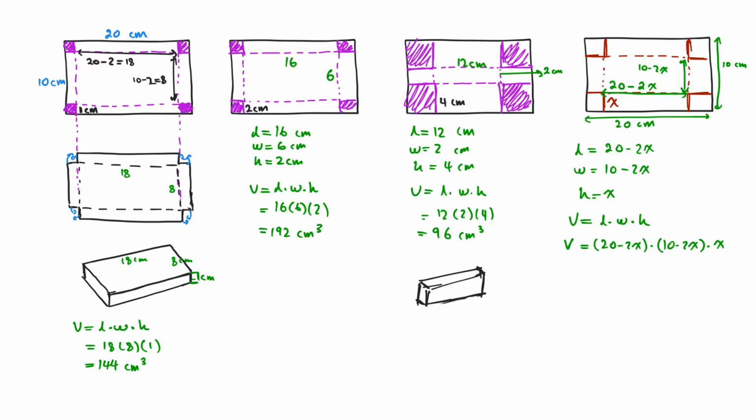And you can see that on the left-hand side of the equation here, I have volume, which is what I'm trying to find the maximum of. And it's written in terms of only one variable. On the right-hand side, we only have one variable. In this case, we can say that the volume is written in terms of x. So V is written in terms of x.